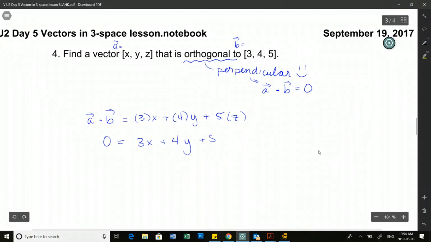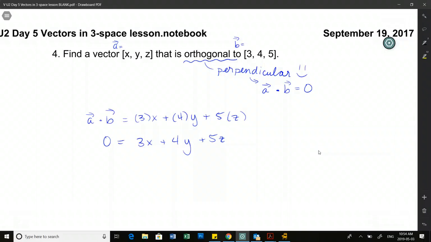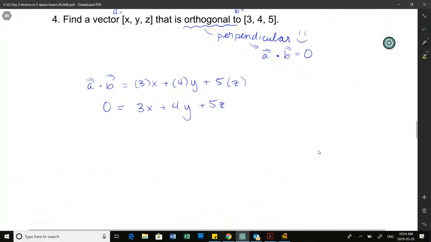Because there are infinite answers to this, there's not only one right answer. We could all probably find a unique answer and have no overlap here. So we are just going to arbitrarily choose 2 of the values, and we solve for the third value that makes that true.